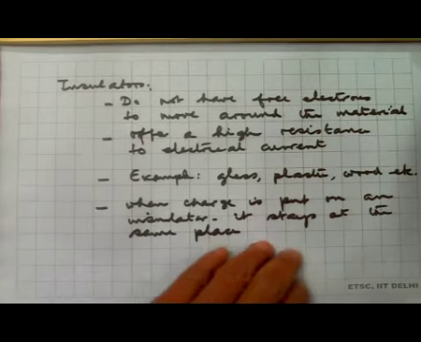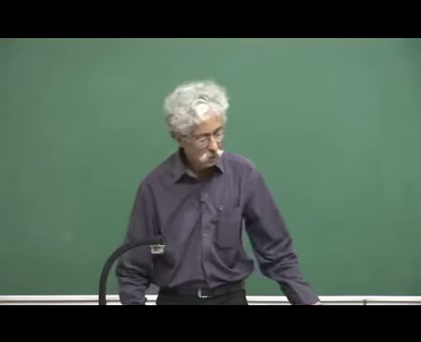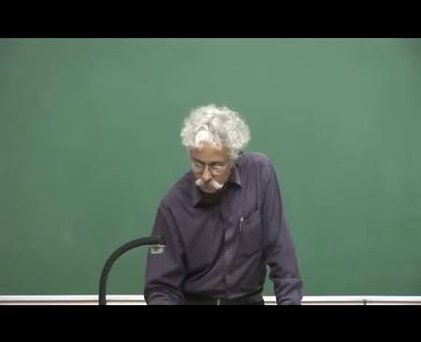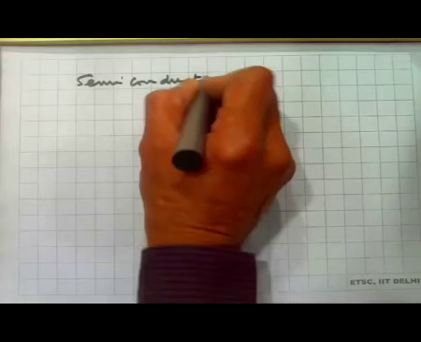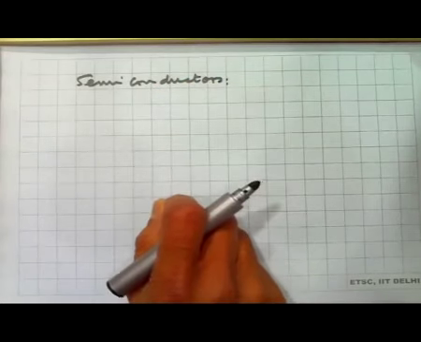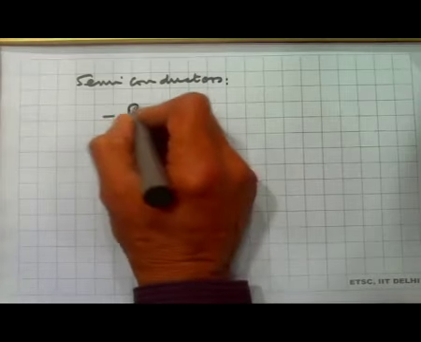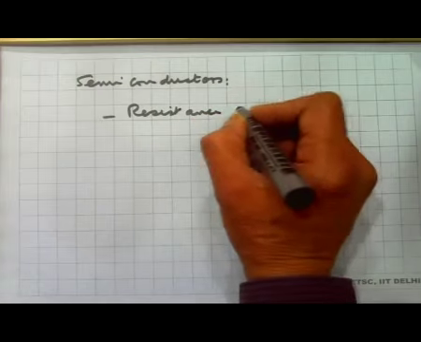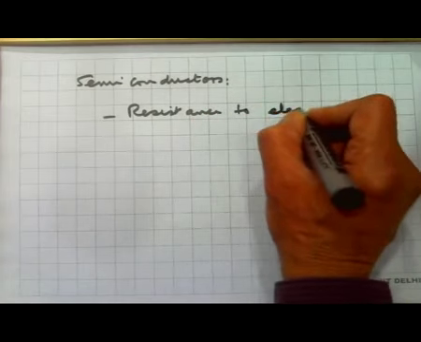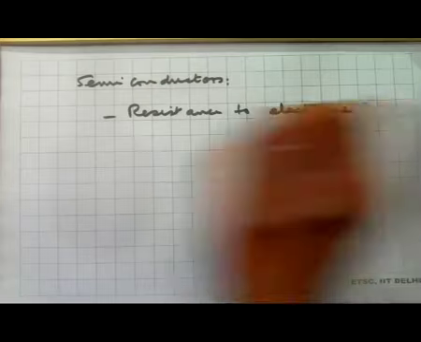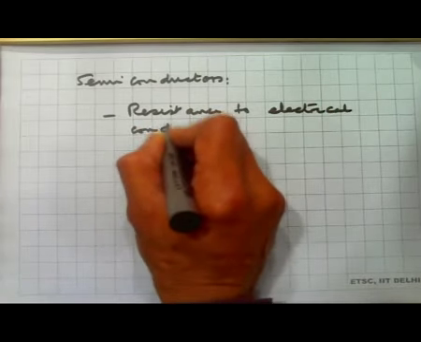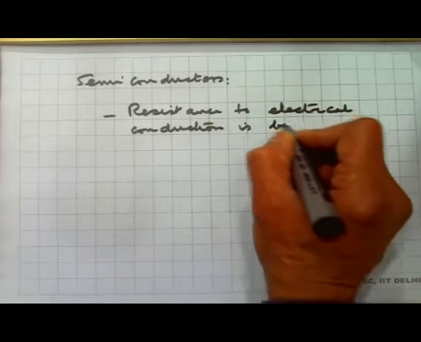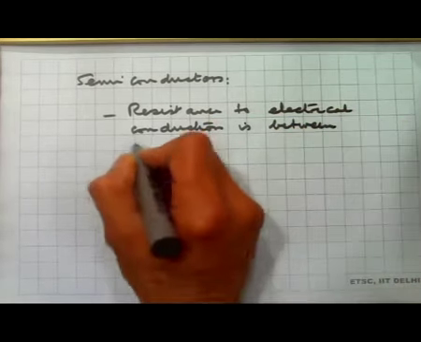There is another class of materials called semiconductors, whose resistance to electrical conduction is between conductors and insulators.